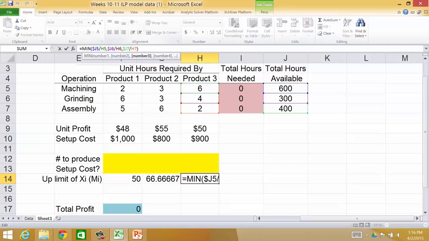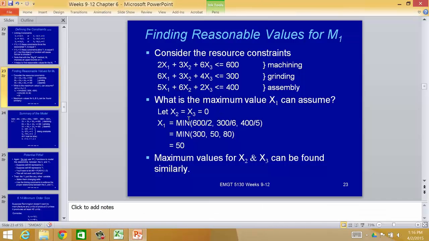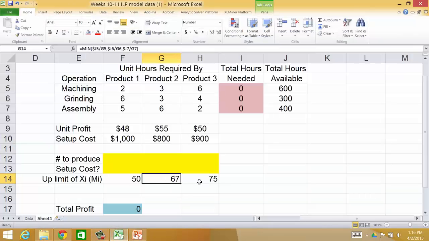The other way to check is that we did get the same values as what we calculated in class. So it's 50, 67, and 75 here. These are the upper limits, the big M for our xi.